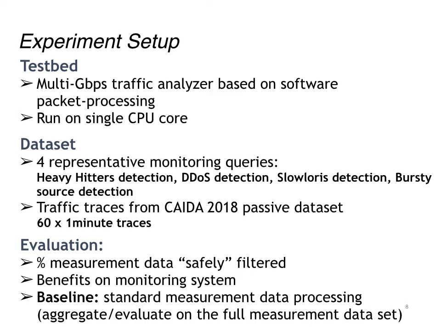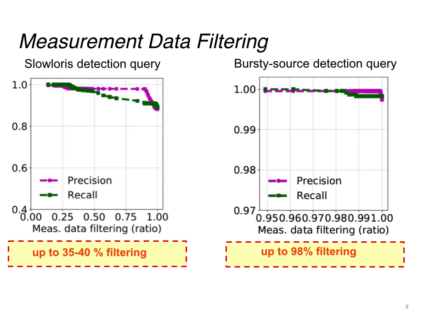Then we measure other benefits in terms of efficiency of the monitoring system. As a baseline, we adopt the standard measurement data processing workflow, which consists of aggregate and evaluate operations on the full measurement dataset.